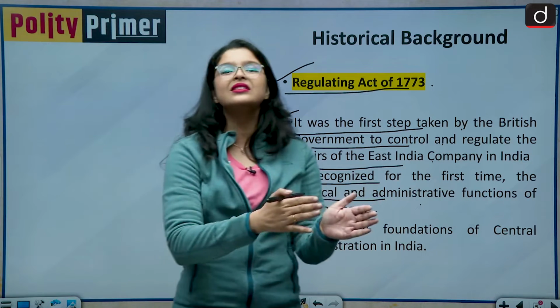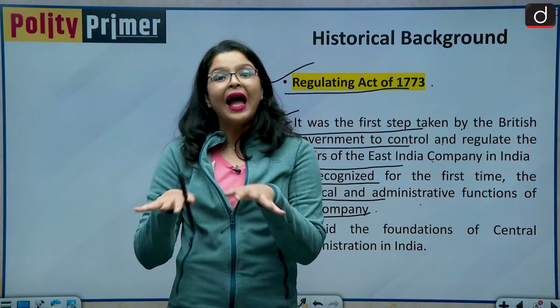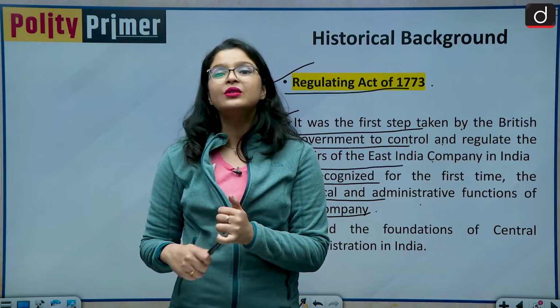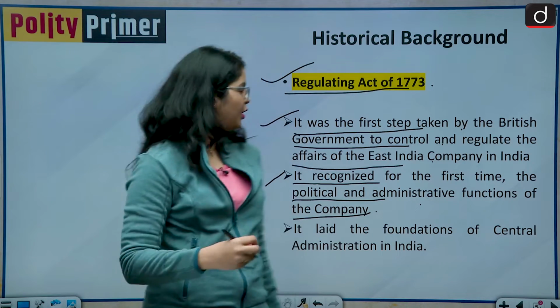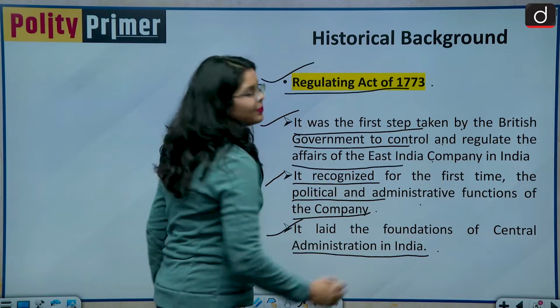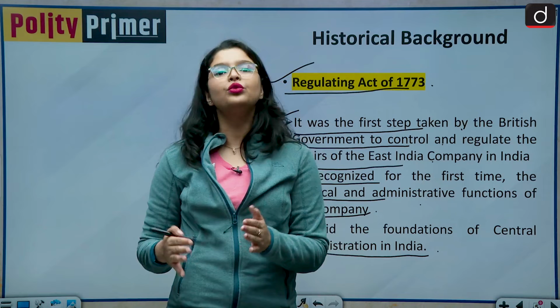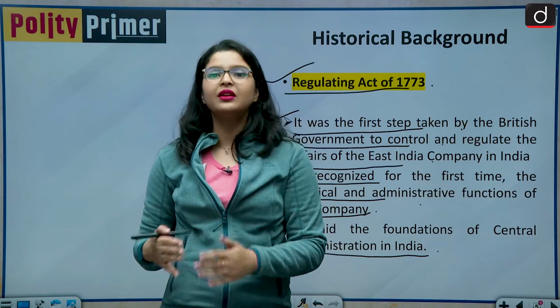So from traders, they suddenly started ruling India. They started to have their roots established in India, not only as traders but as the rulers and administrators of India. It laid the foundations of central administration in India.